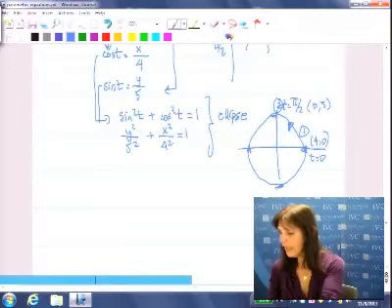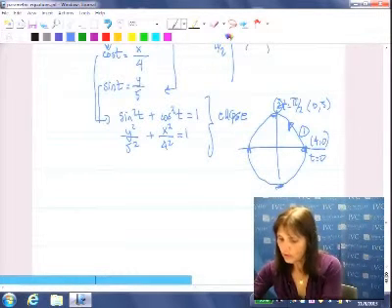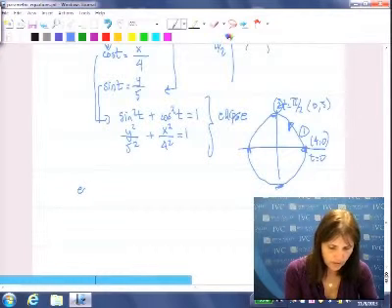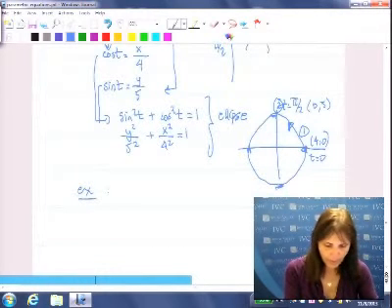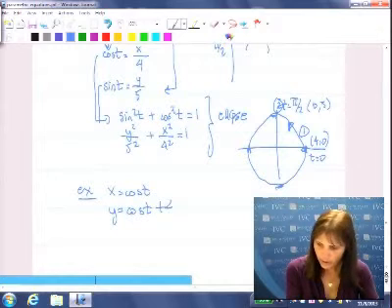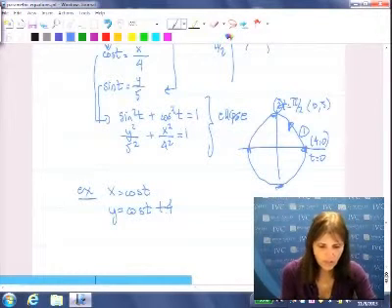So let's do another one. So we are going to look at another example. Let's say I am doing this problem. x equals cosine of t. Use trigonometric identities. y equals cosine of t plus 4. Okay, so let's look at this.